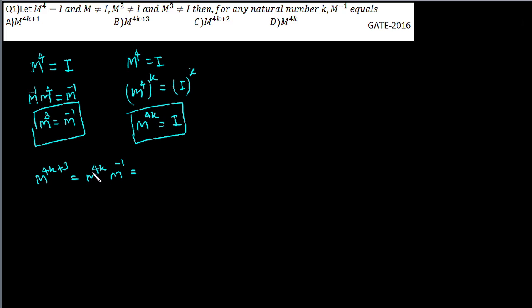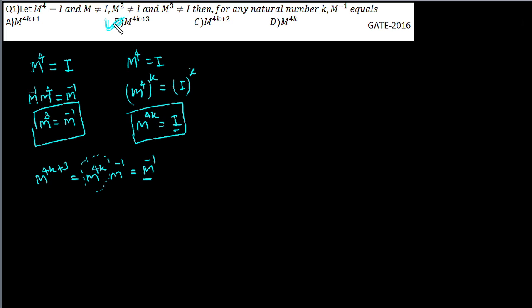Now this M to the 4k is nothing but the identity matrix again, so it will give this M inverse matrix. So we have found the inverse of the matrix in the general term. You can compare the options and see option B is the correct answer.